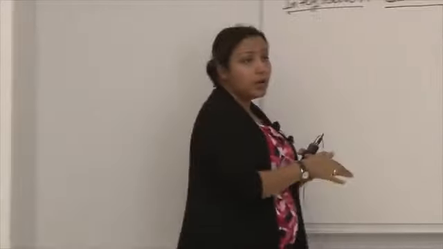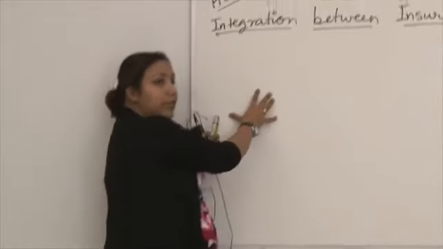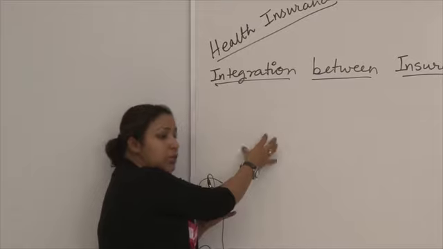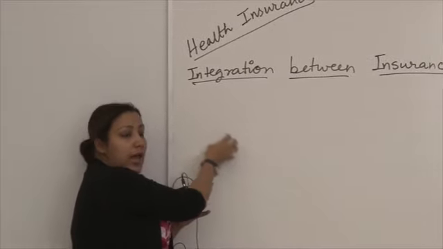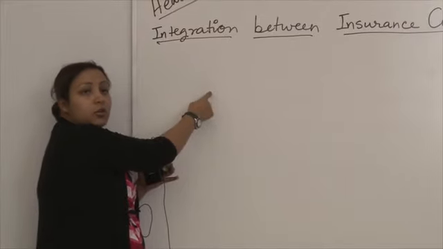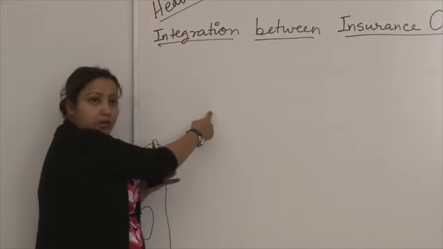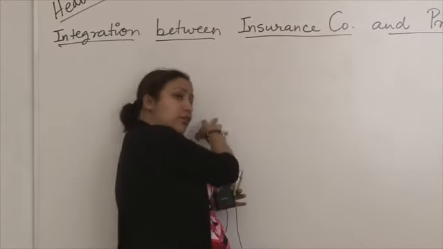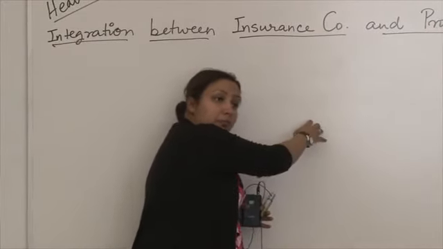Now, so far we were talking about the left hand side of that diagram, where the health insurance company was selling the health insurance and the patients were buying the health insurance, and the price that was getting determined was the premium. Now we are talking about the other side, which is between the health insurance company and the healthcare provider.